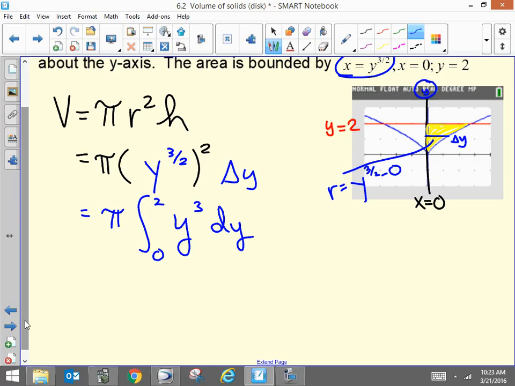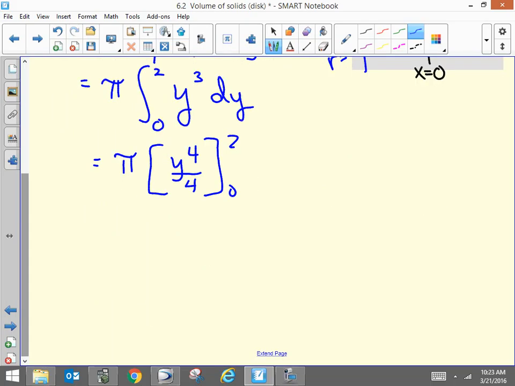There's where your 2 comes in. If you're doing these by hand, pull your 4 out. You already got a 5 pulled out. It just makes it a lot easier to pull those constants out.